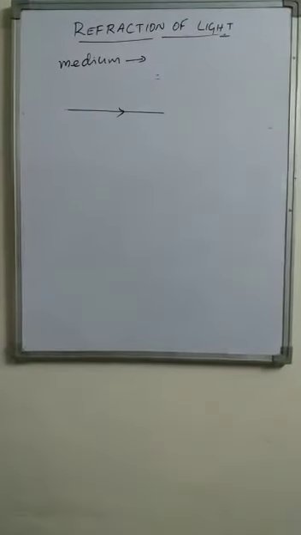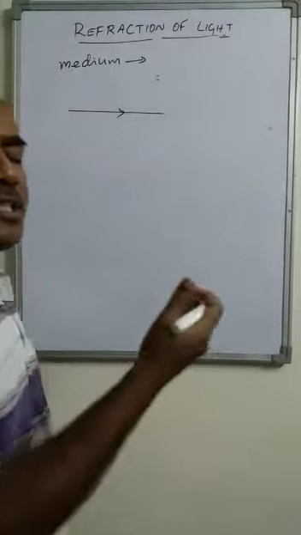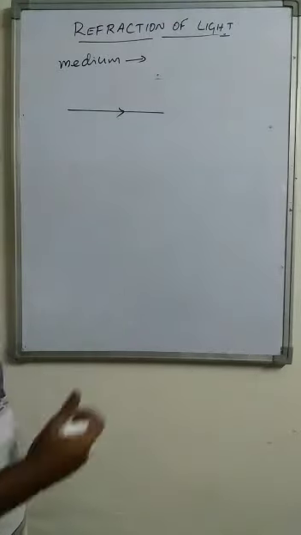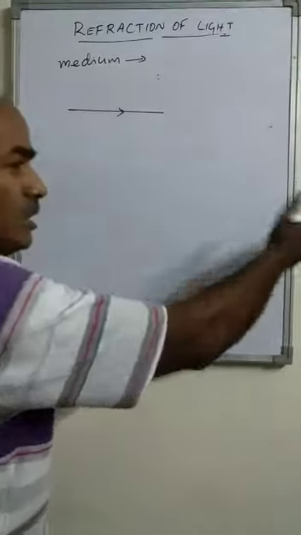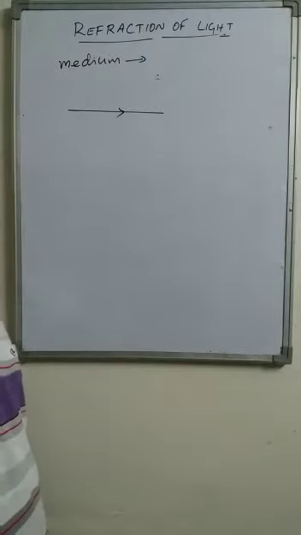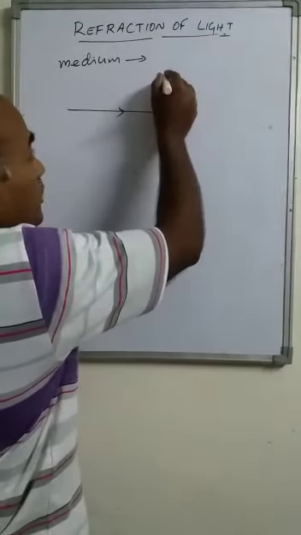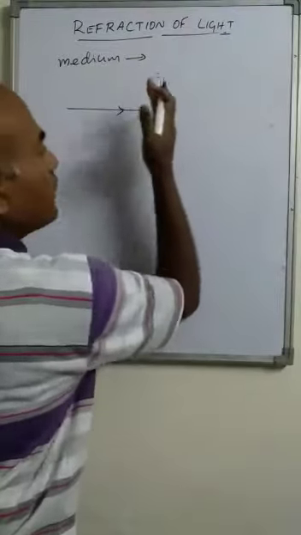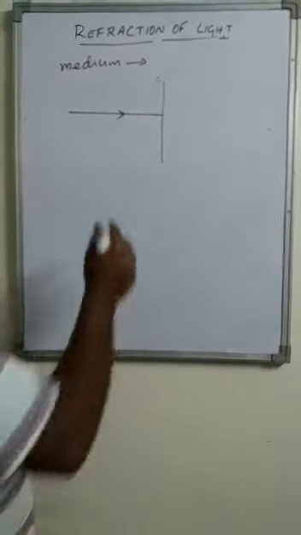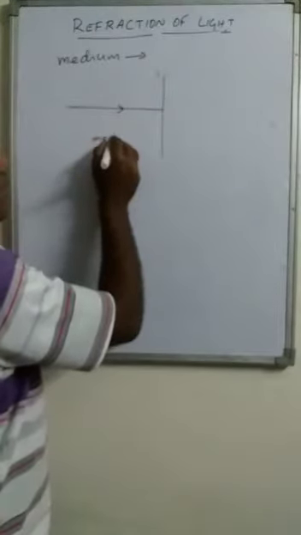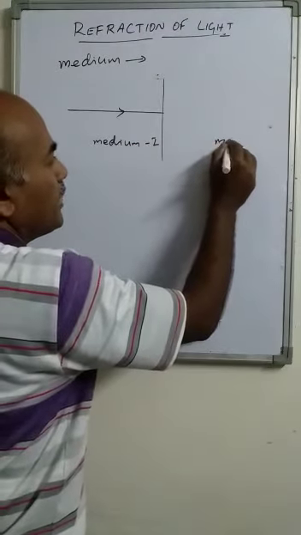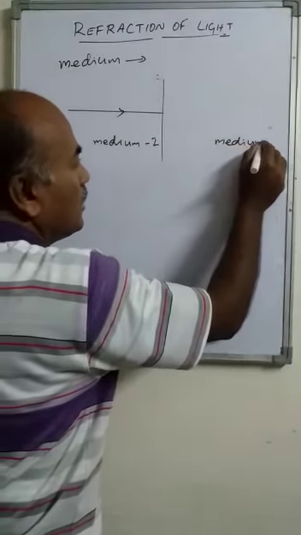After this, the medium changes. The medium may be anything. It may be water, it may be glass, or any other substance. Suppose this is the surface which separates the two media. Here we have one medium, and this is another medium, medium 2.